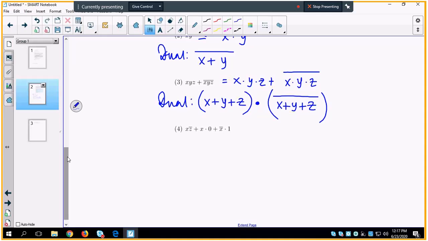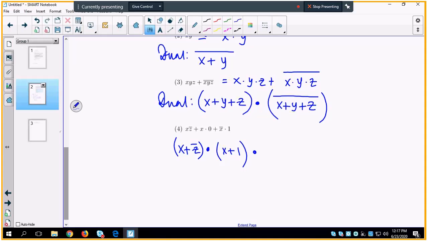The fourth one is x z bar plus x dot 0 plus x bar dot 1. So I will write it as x plus z bar, put it inside parentheses, change the plus to a dot, x plus 1, taking the dual, changing dot to plus and 0 to 1, and then put it inside parentheses.